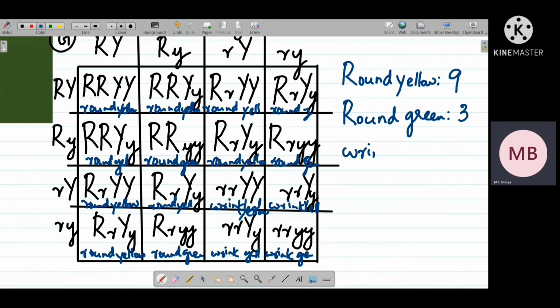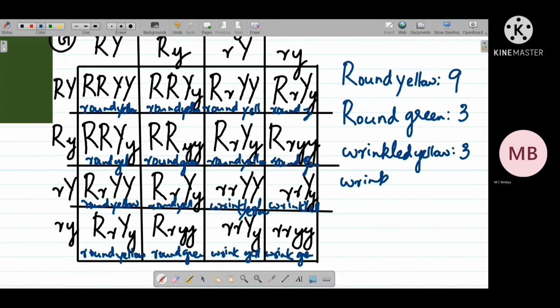Then we'll start with the wrinkled. Wrinkled yellow. One here, second one here, third one here. This also be 3. And then comes wrinkled green. Wrinkled green, only one is there.